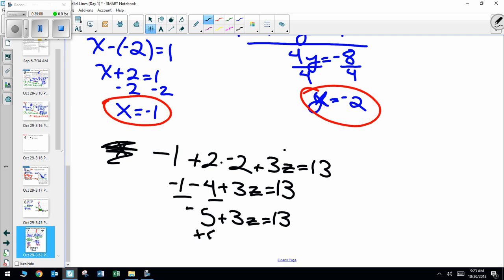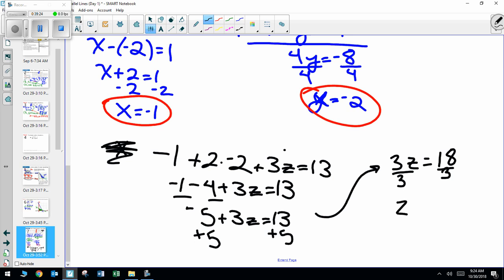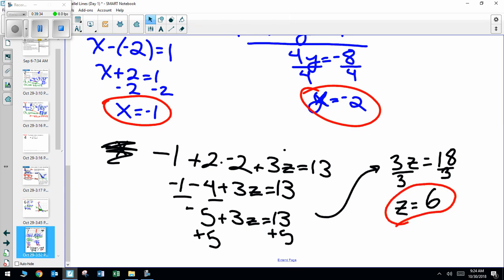Add 5 to both sides, and I get 3z equals 18. Divide both sides by 3, and you get z is 6. Okay, so that's solving a system of 3 equations.